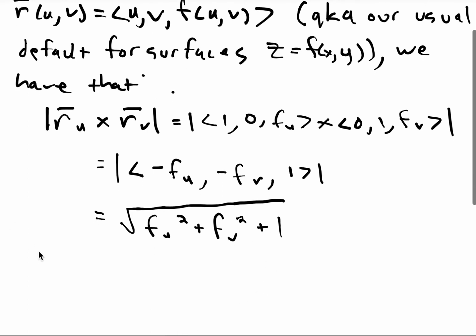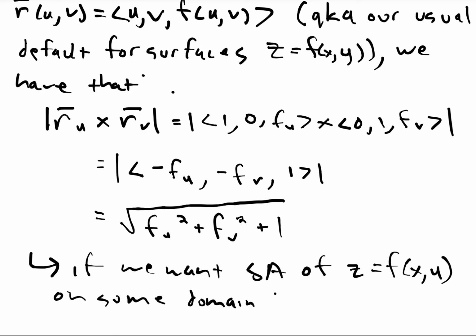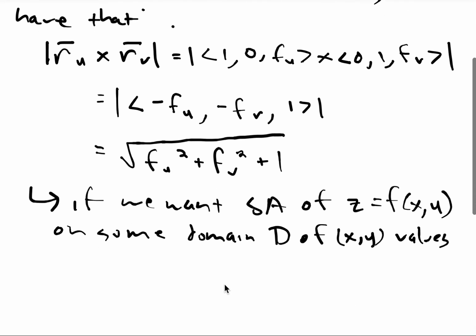So what I could have done in the first place is this, knowing that I get a direct link to my partials. What this suggests is if we want the surface area of z equals f of x, y on some domain D of x, y values, I'm not even going to bother with a parameterization. All this is suggesting is take a partial with respect to your first variable and a partial with respect to your second variable.